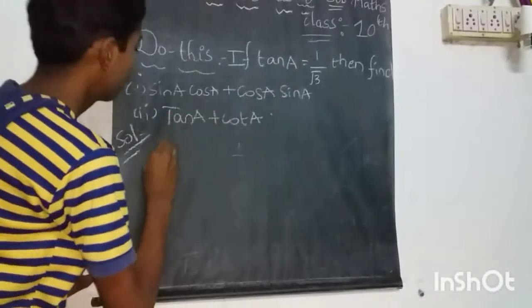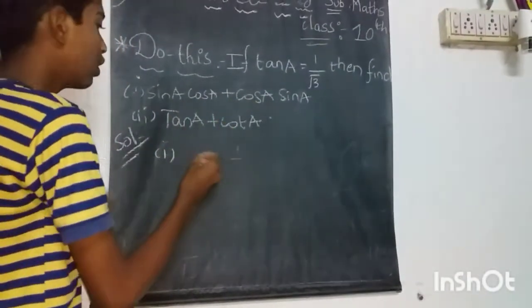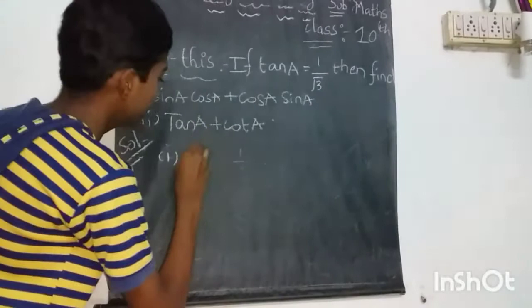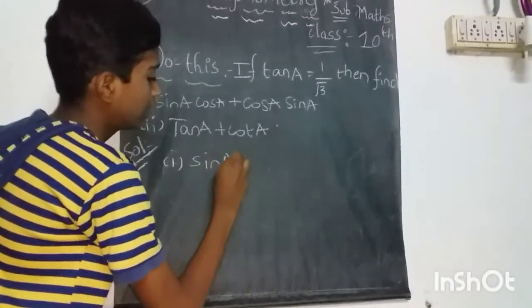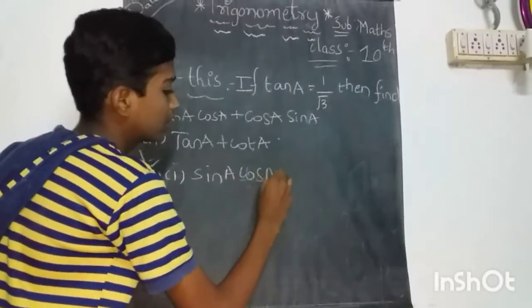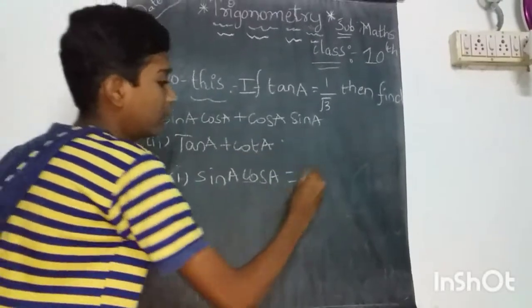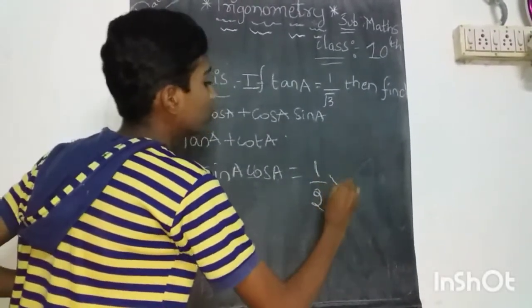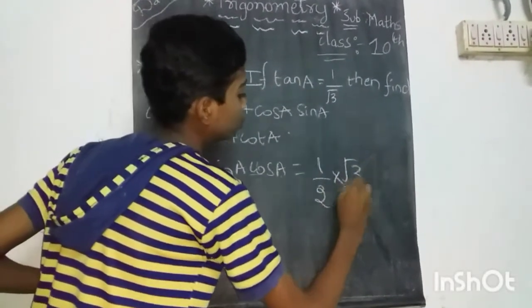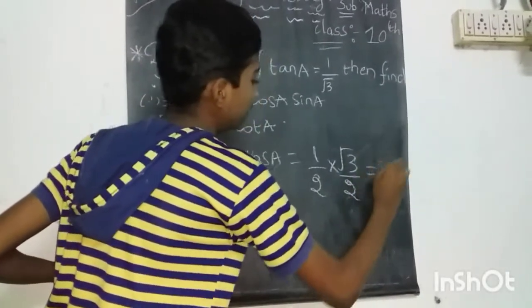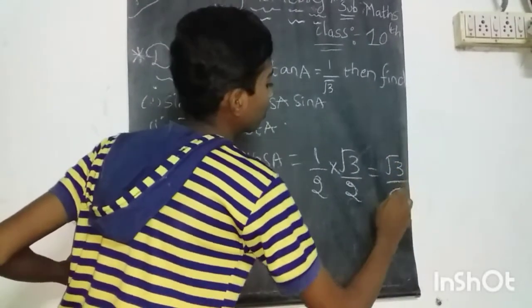Okay, first of all, sin A cos A plus cos A sin A. First find sin A and cos A. We know sin A is 1 by 2 into cos A is root 3 by 2, that implies root 3 upon 4.